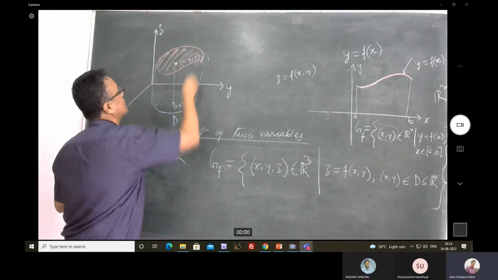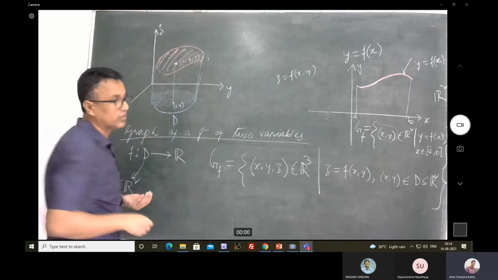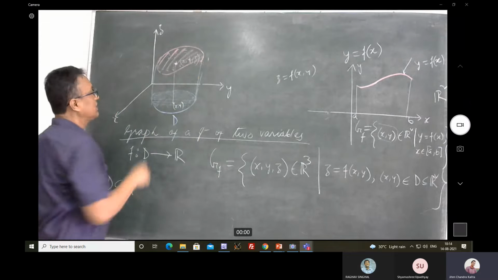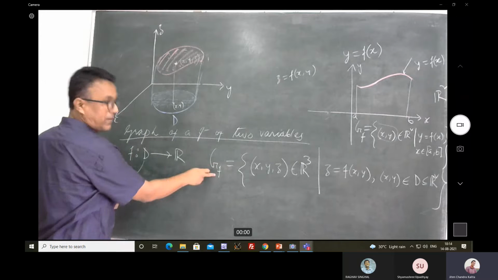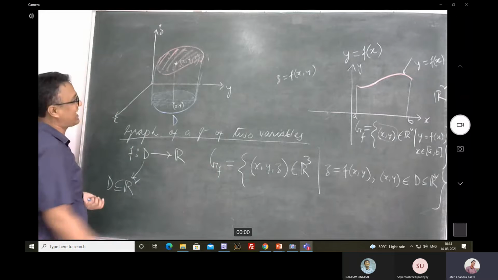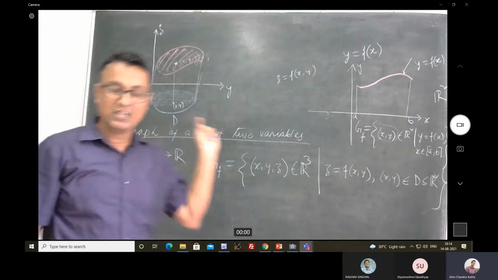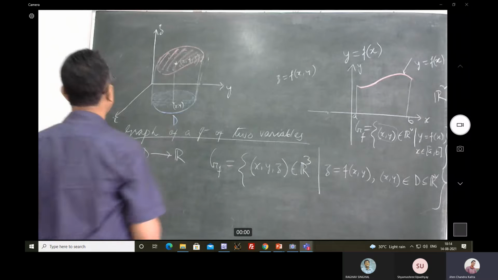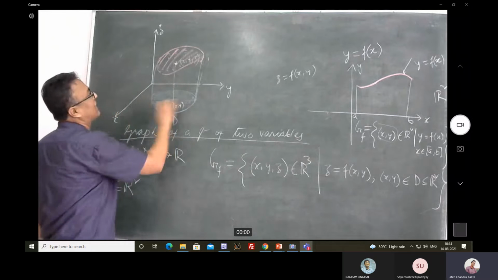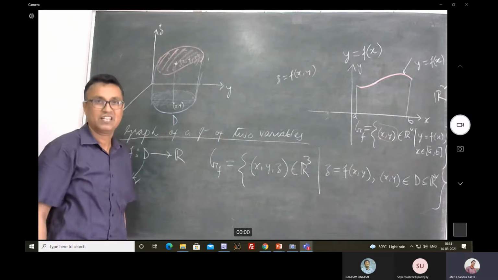Okay. So this surface is visually the graph of the function f. Please remember that intentionally I have drawn it in the first octant. It is not necessarily like that.